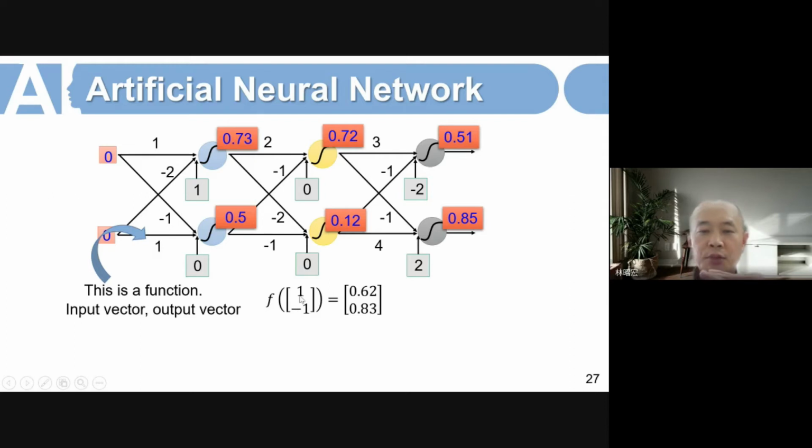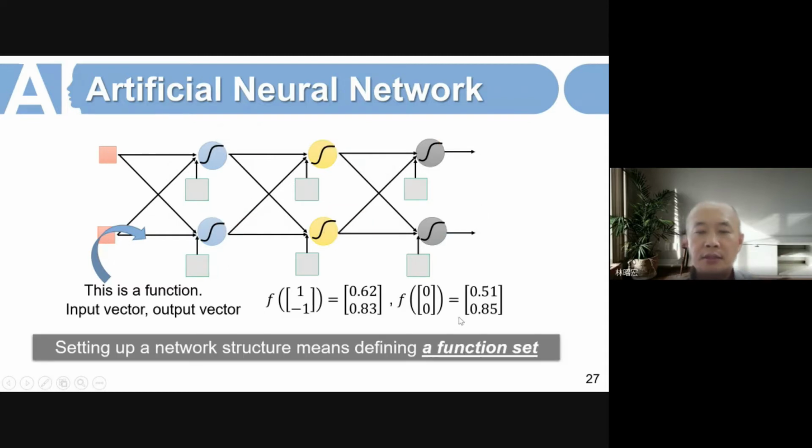The vector is input to the function, the output is another vector. We input another vector to the function, we get another output. So setting up a neural structure means to define a function set, a set of functions, and each function contains different weights and biases.